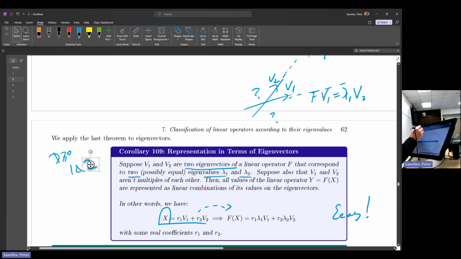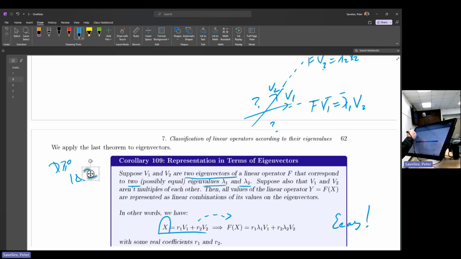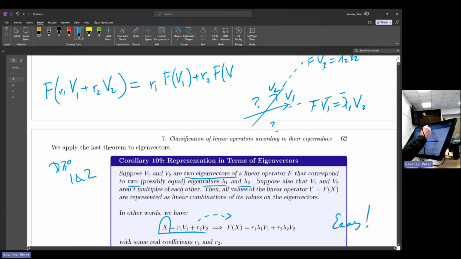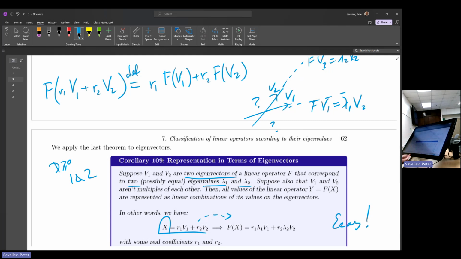Maybe I'll write it out. So f of r1 v1 plus r2 v2. I'm using linearity, which means that I can factor everything out. It will be r1 f of v1 plus r2 f of v2. That's nothing but the definition of linearity, so you can factor out both addition as well as scalar multiplication.